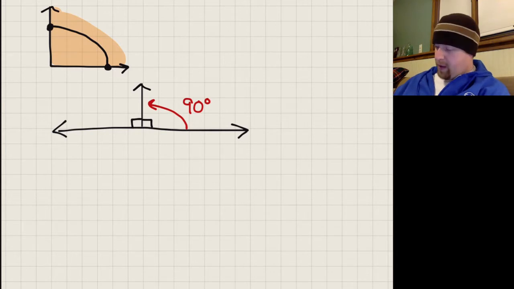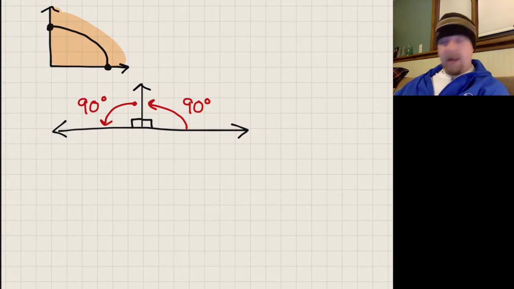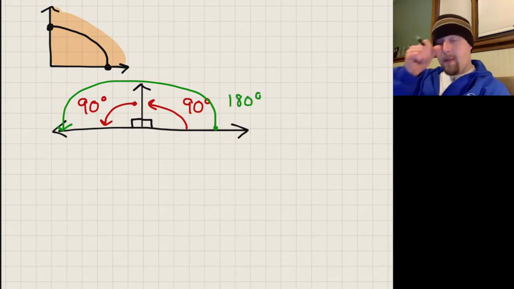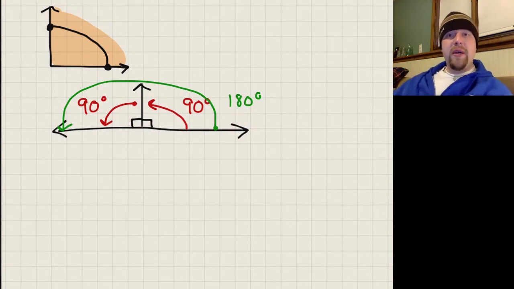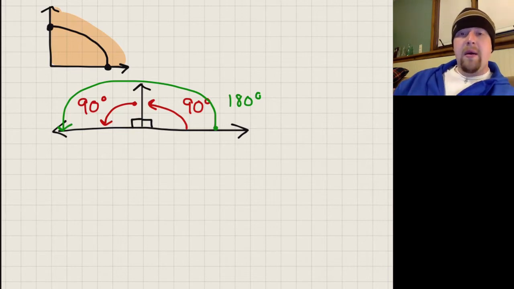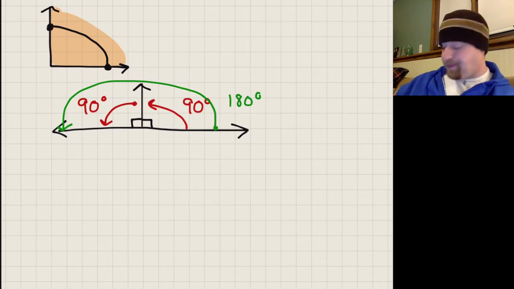From here to here, that's another 90 degrees. So going the whole distance from here all the way to here would be 90 plus 90, which is 180 degrees. Angles have degree measurements, and they can be anywhere from a little bit to a lot. But no angle is going to have degrees greater than 360.